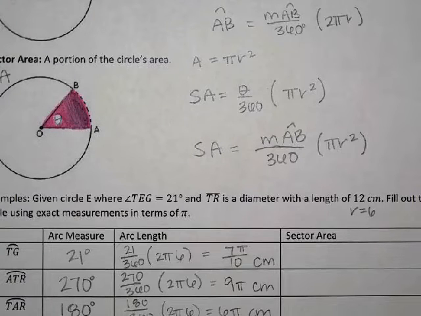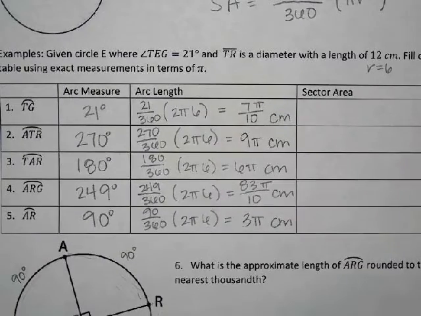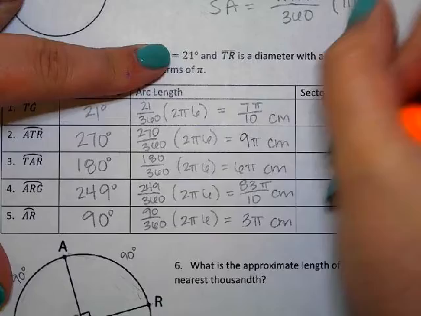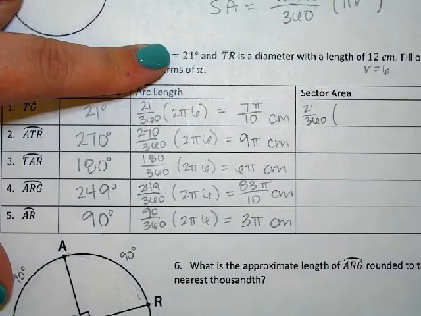So how should we take all of these problems that we just did and find the sector area instead of the arc length? How are we going to change it? Perfect.